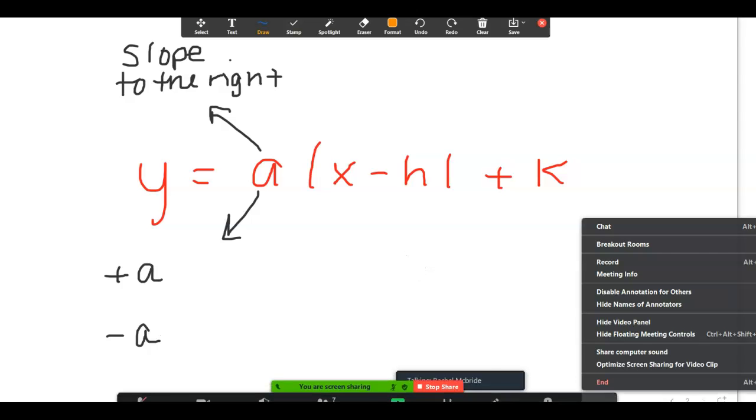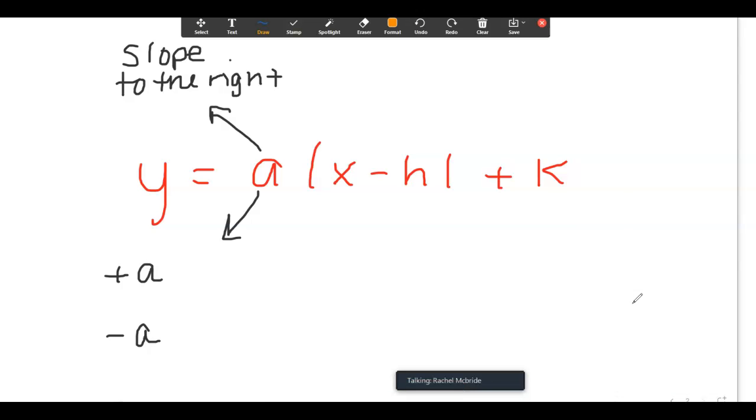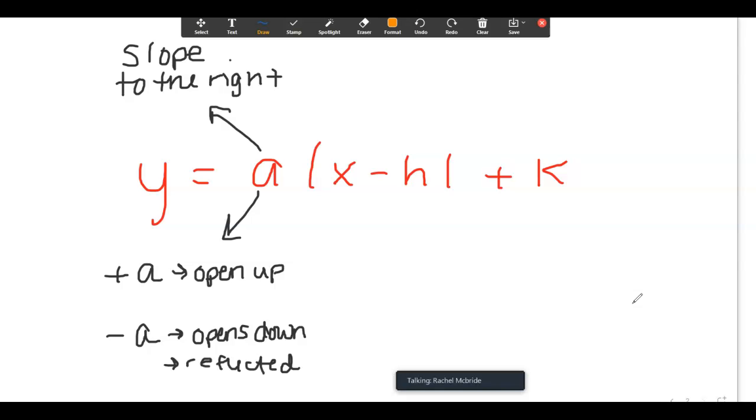A positive A is going to open up, and this is considered the normal. A negative A opens down. If a graph opens down, then that graph is considered to be reflected. So when I ask you for transformations, if the A value is negative, you need to tell me reflected.